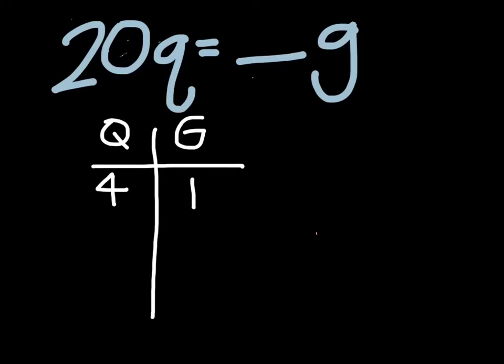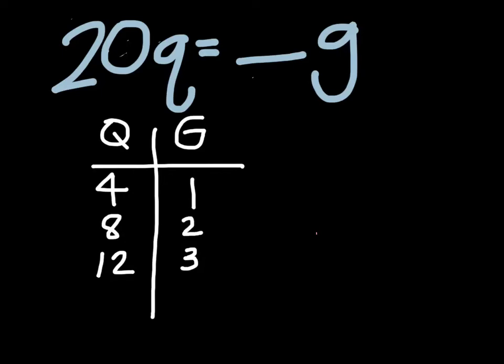If I'm working backwards, 2 gallons, how many quarts would that be? 8. If I had 3 gallons, 12. Do we really need to take the quarts all the way down to 20? No. What's our relationship here? Times 4, if we're looking at it backwards.